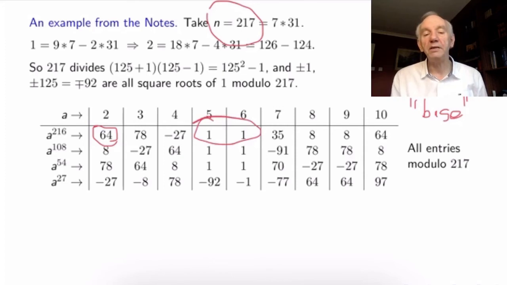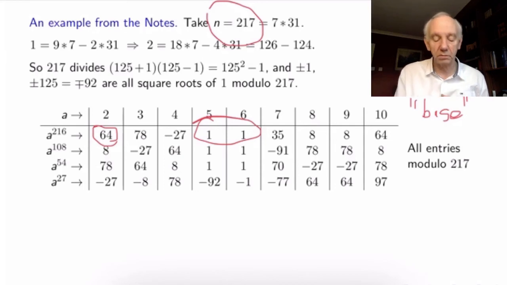So what that means is that as long as we choose a base that's not 5 or 6, at least up to 10, even Fermat's little theorem will tell us that this number is not prime.